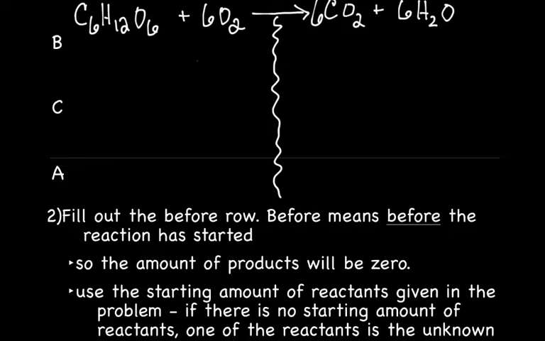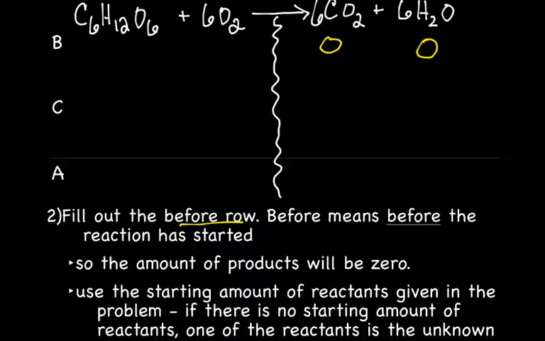Okay, step 2: fill out the before row, keeping in mind that before means before the reaction started, which means the amount of products are going to be 0. So we know we're going to have 0 moles of CO2 and 0 moles of H2O.